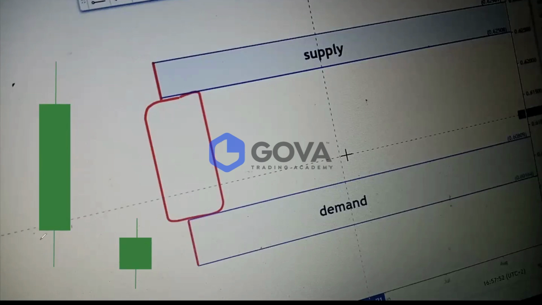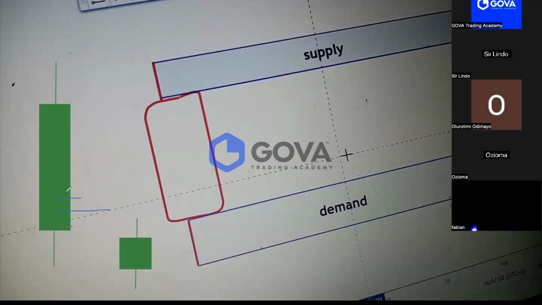Anywhere around here is a demand. Now, at any point whereby your zone is sitting on the body of the candle, it is not a good situation. Don't take it. If your zone is sitting anywhere around here in a buy trade, it is not good.